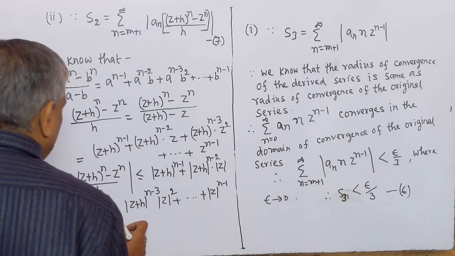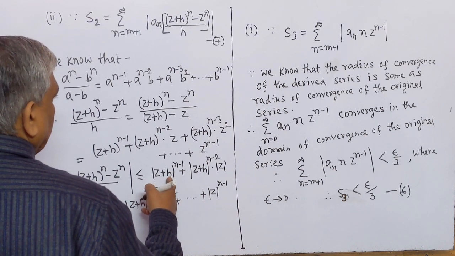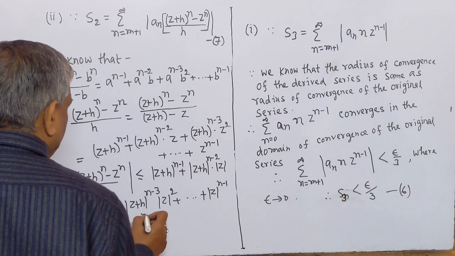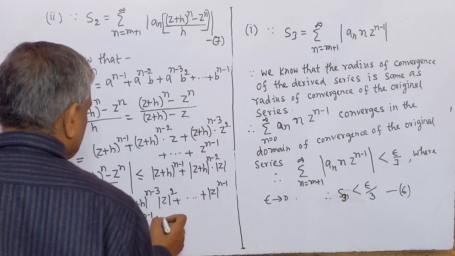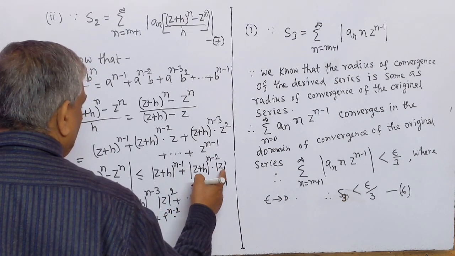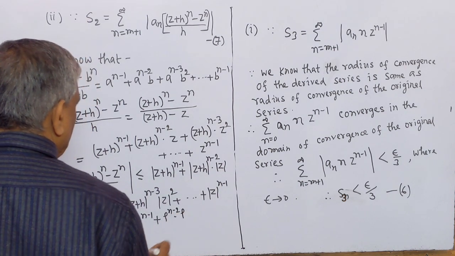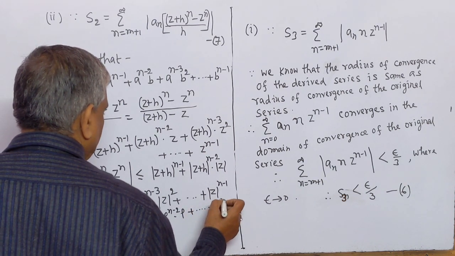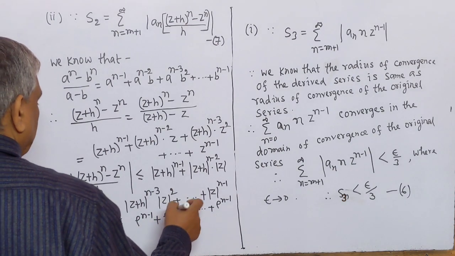This is less than or equal to, since modulus of z plus h is less than rho, we have already seen this. So rho to the power n minus 1 plus rho to the power n minus 2 multiply modulus of z, which is also less than rho, plus dot dot dot plus rho to the power n minus 2 multiply rho to the power 1.